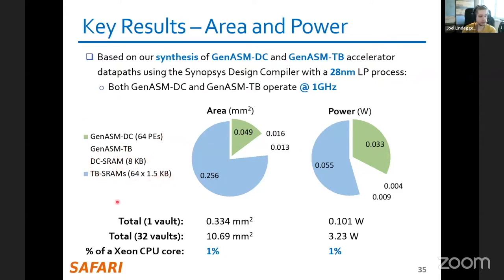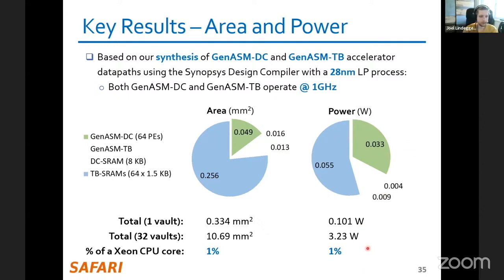As you can see, the two major parts here are the TB SRAMs, which use 3/4 of all memory footprint, and then the logic for generating the table, which makes up about 1/8 of the logic area. And then in terms of power, the SRAMs are about 55% and about 30% from the logic area.